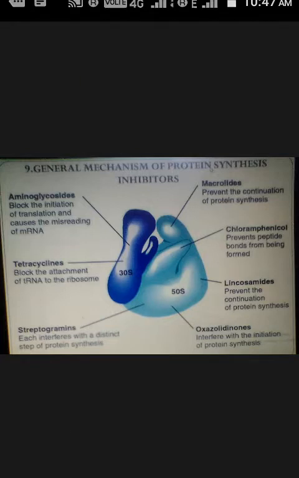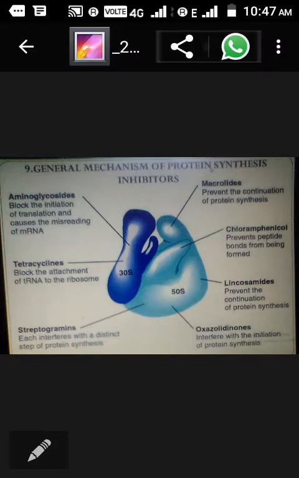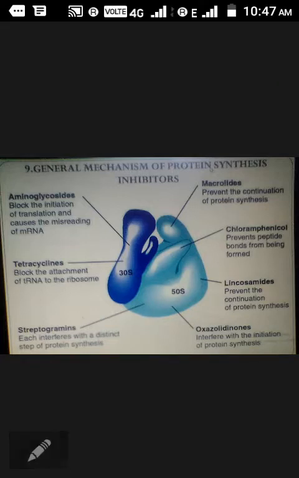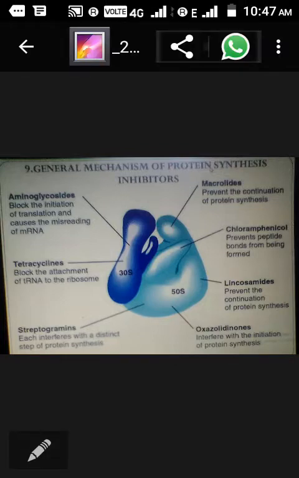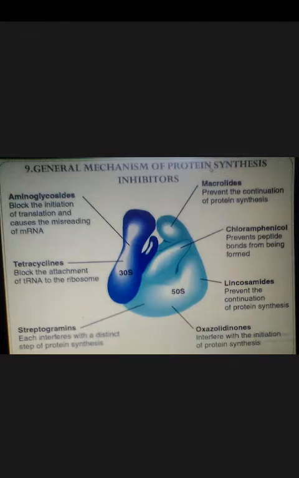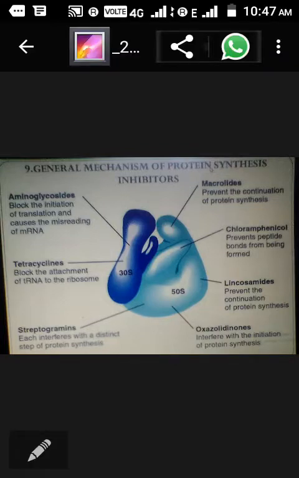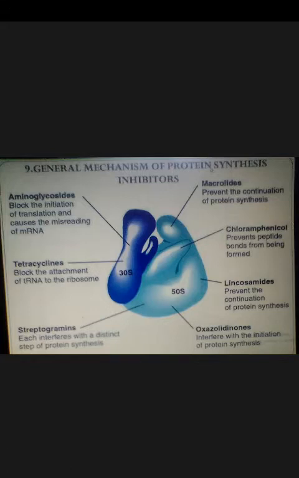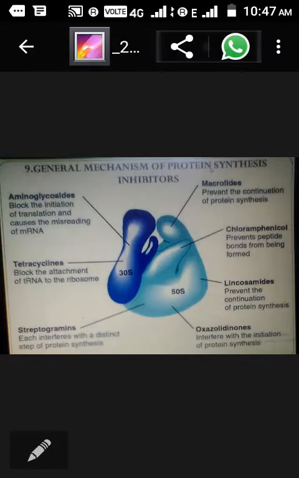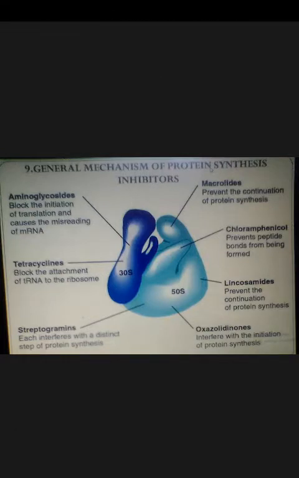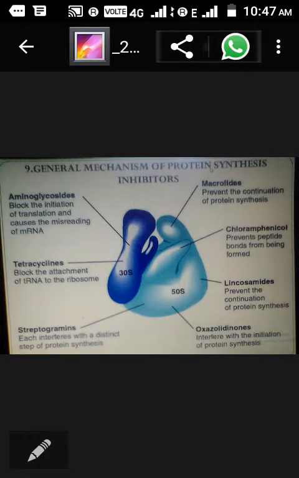Next one is tetracycline, which inhibits the binding of the small unit of the ribosome, that is 30S. Actually, this blocks the attachment of transfer RNA to the ribosomes. This prevents the synthesis of peptide bonds.